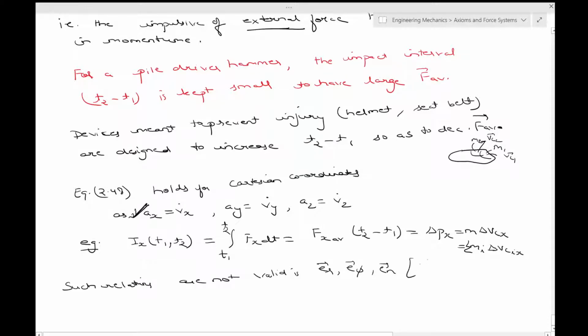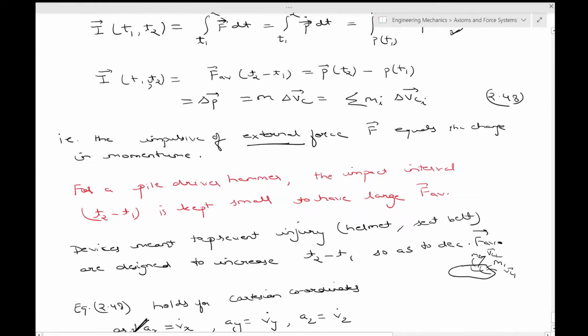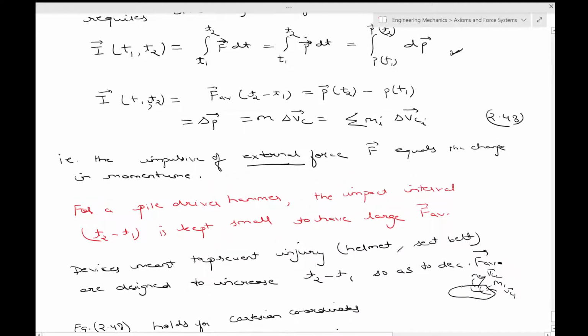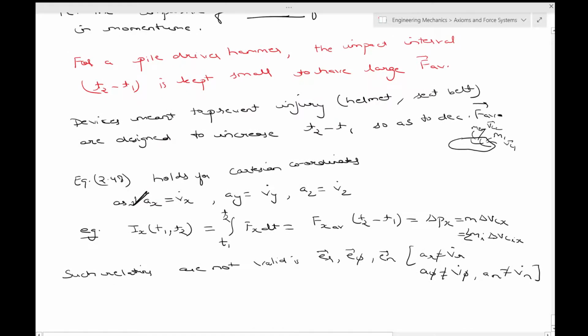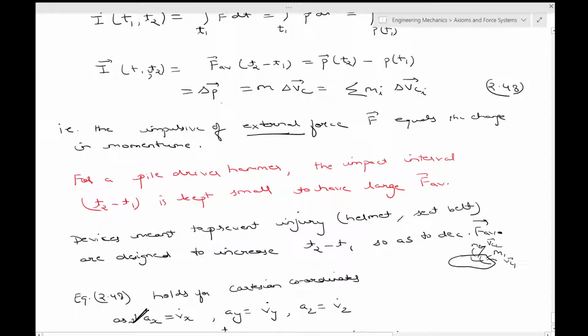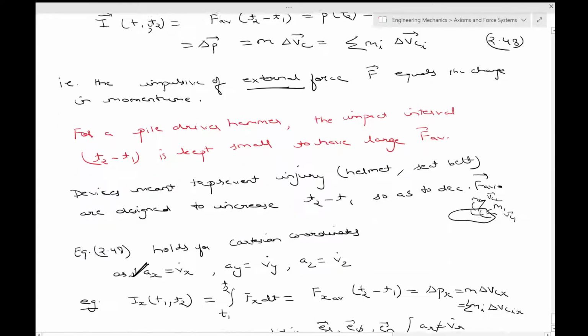As you know, a_r is not equal to v_r dot, and a_phi is not equal to v_phi dot, and a_n is not equal to v_n dot. So this was necessary for this 2.48 to work, like basically converting this to over here.